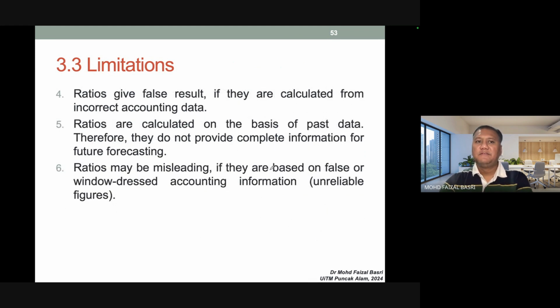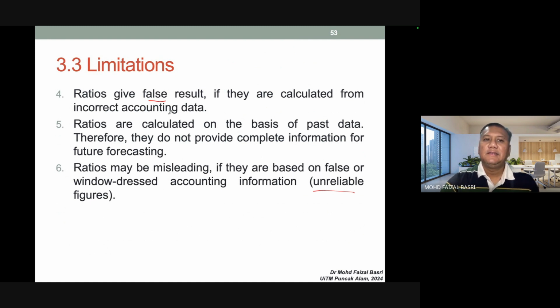Number 4 and number 6 are more or less similar. If the data you use is wrong, window-dressed, or manipulated, then the output can be considered false or unreliable.